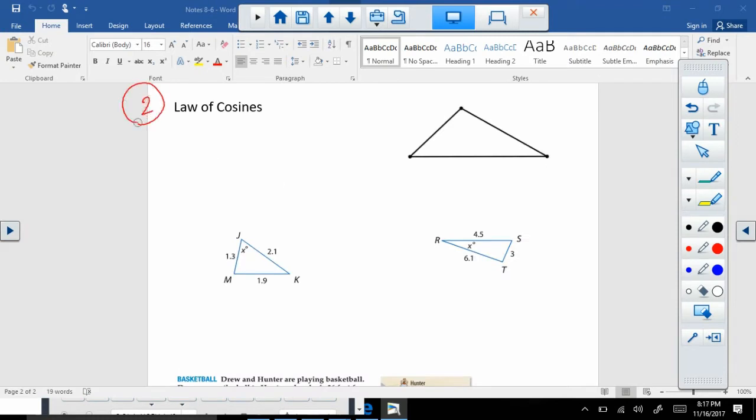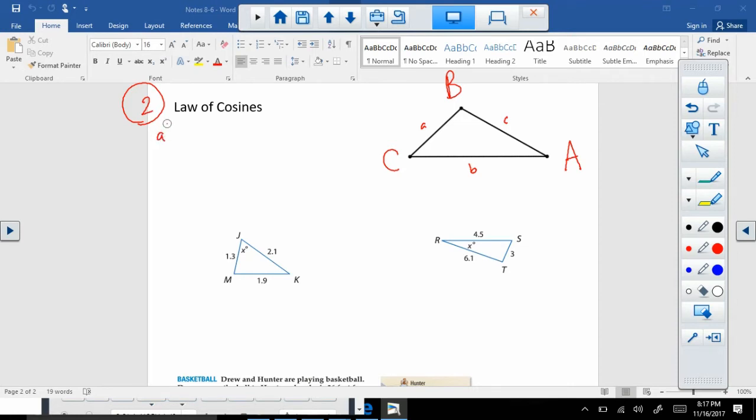So the second way, the law of cosines, works when the law of sines doesn't. So the law of cosines, if I go ahead and label this, let's call this triangle ABC. So we have lowercase a, lowercase b, and lowercase c. And this is just to give you a reference for where these angles and sides are. For this one here, it's really important that you know what the lowercase and uppercase letters are.